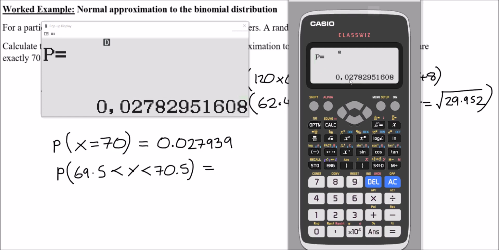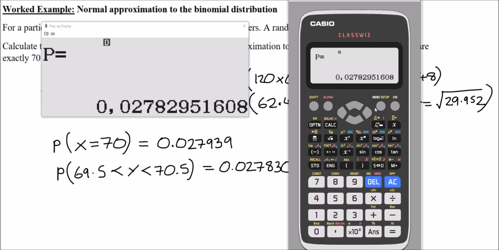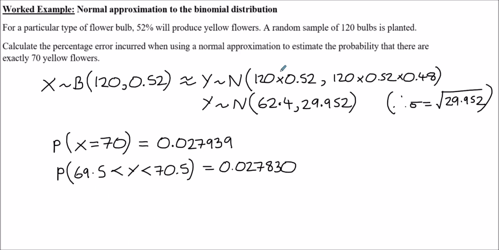So I'll round that to 5 significant figures, 0.027830. I'll just double check I remember those numbers correctly. So yes, I have. So therefore, we need to work out the percentage error.